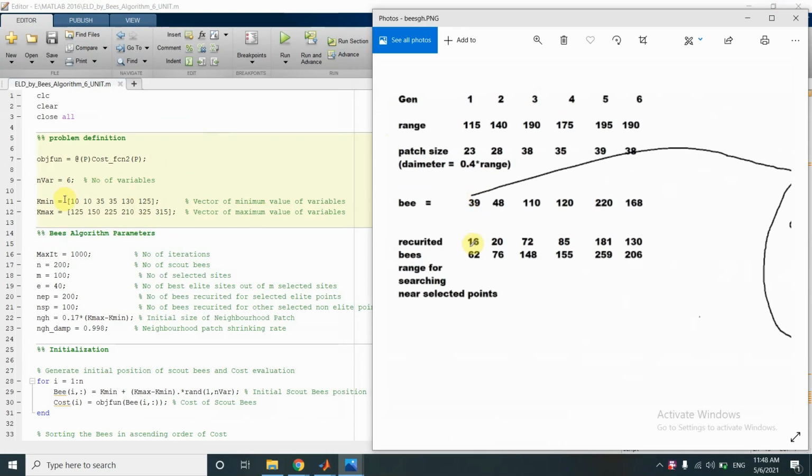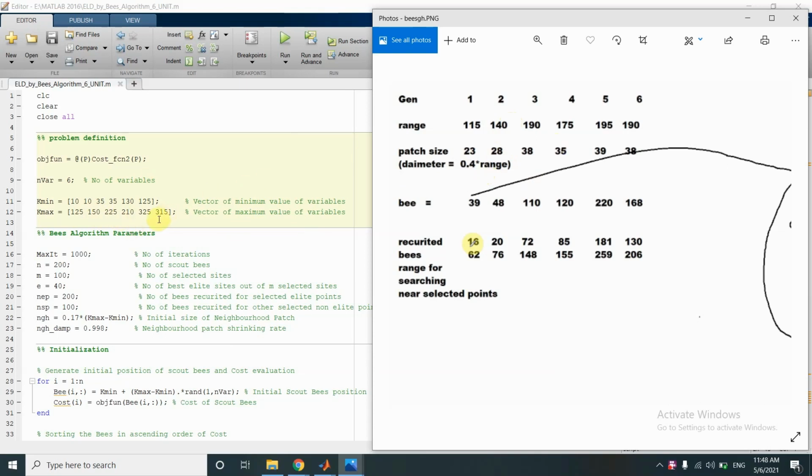Here we can see for generator 1, the minimum limit is 10, the maximum limit is 125, so the range is 115. That is given here. For generator 2, the minimum limit is 10 and the maximum limit is 150. The range is given as 140. And the same thing can be done for the other units.